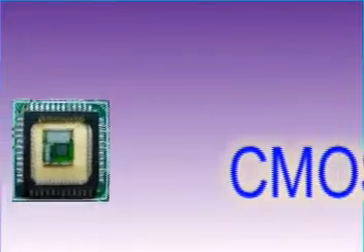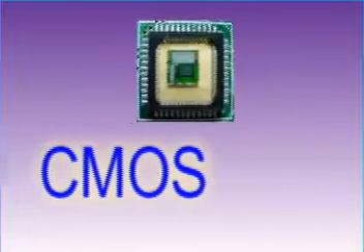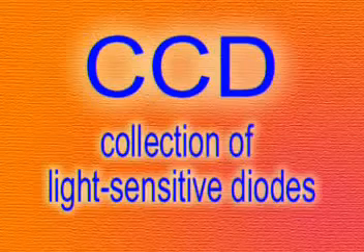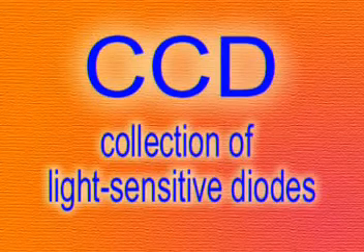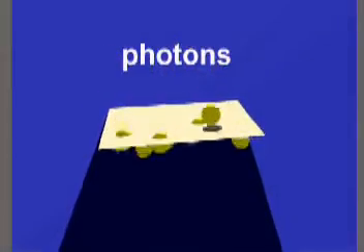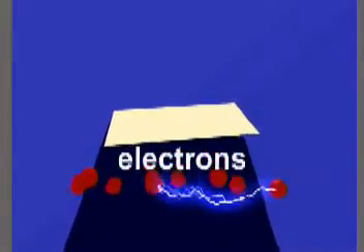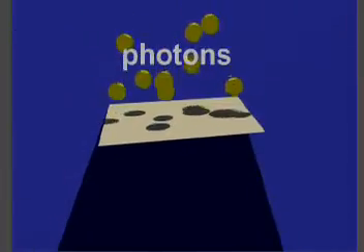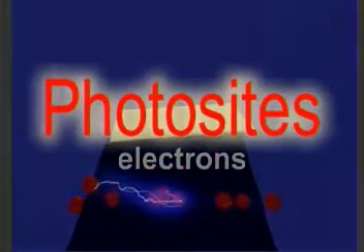While CMOS sensors will almost certainly improve and become more popular in the future, they probably won't replace CCD sensors in higher-end digital cameras. The CCD is a collection of tiny light-sensitive diodes which convert photons, which means light, into electrons or electrical charge. These diodes are called photosites.